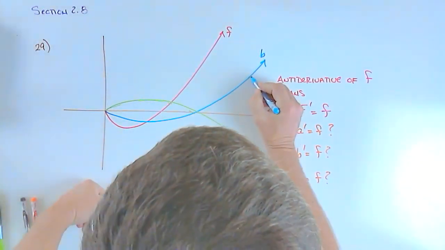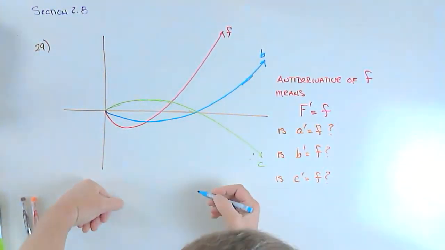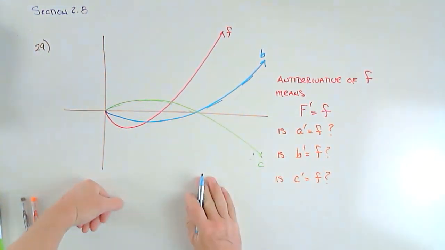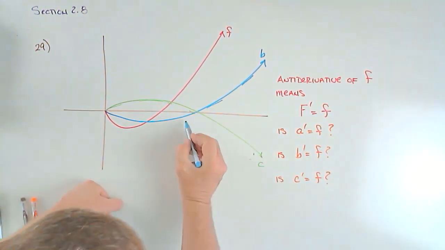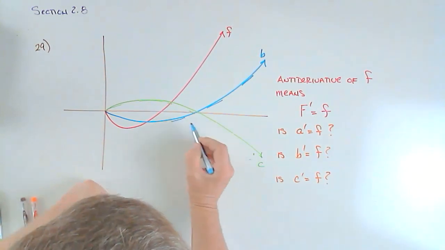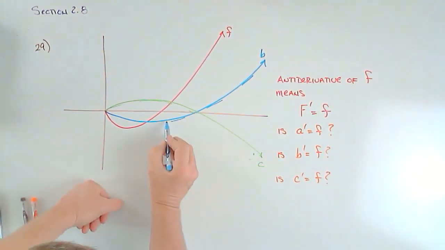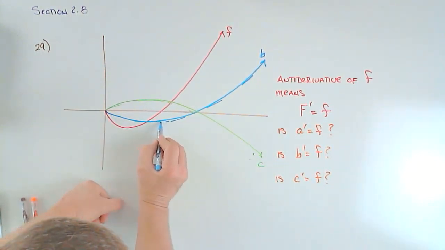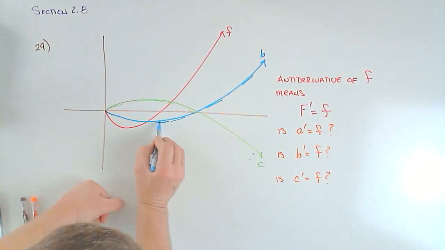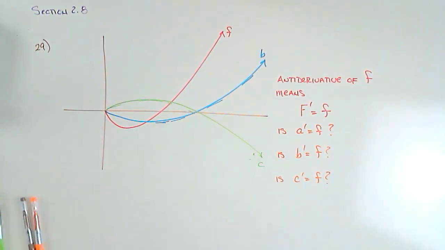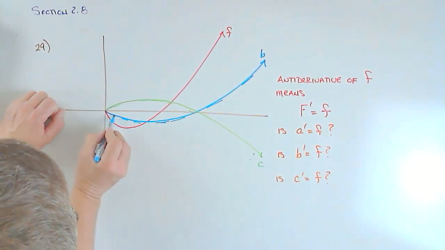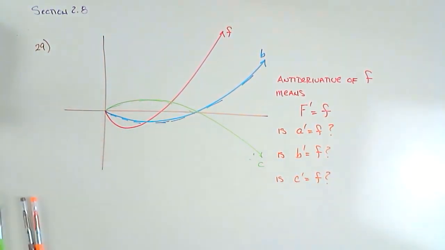The slope of the blue graph right here is positive. The slope of the blue graph right here is positive. And if I drew this graph correctly, its zero is right there. Then the slope of the blue graph over here is negative.